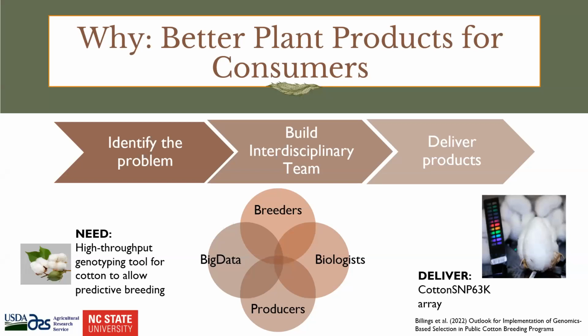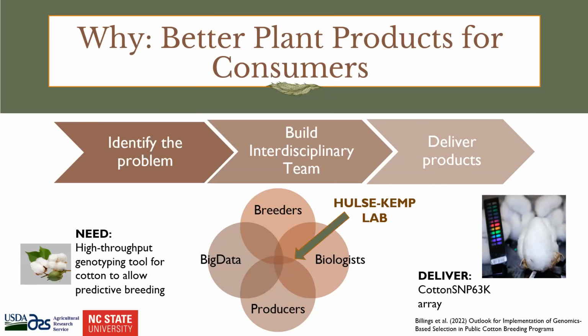The why in our lab is really looking towards building better products for consumers. What we try to do is follow this pipeline. We work to identify the problem, then build an interdisciplinary team in order to deliver products. This would go something like, we need to develop a high throughput genotyping tool for cotton to allow predictive breeding. We would then build an interdisciplinary team composed of breeders, biologists, producers, as well as big data analysts.